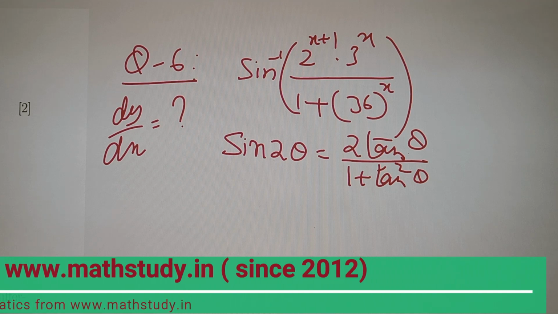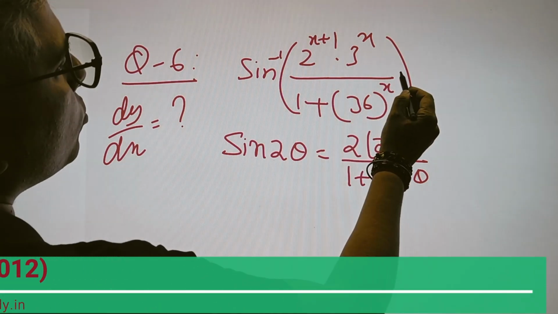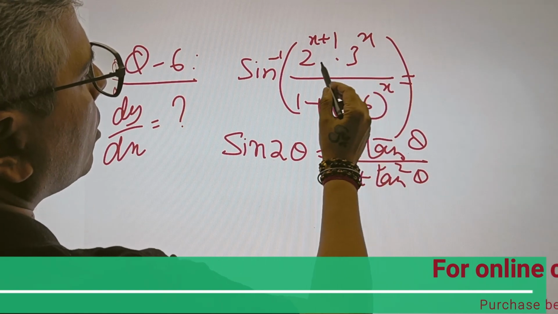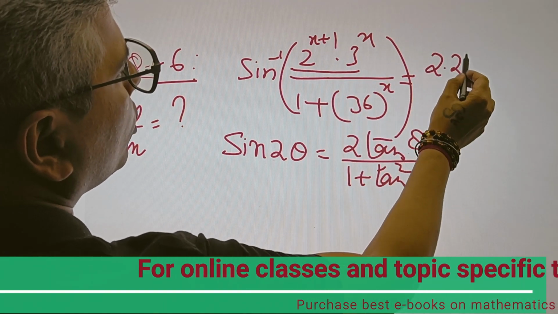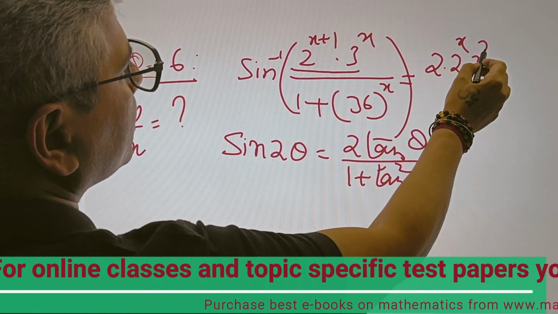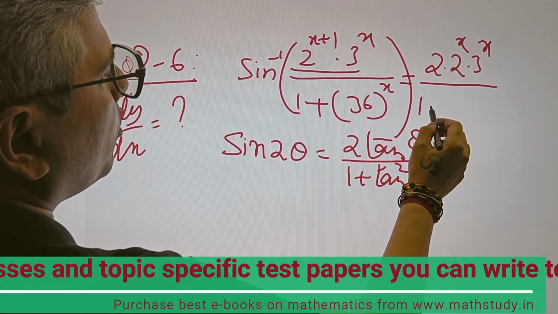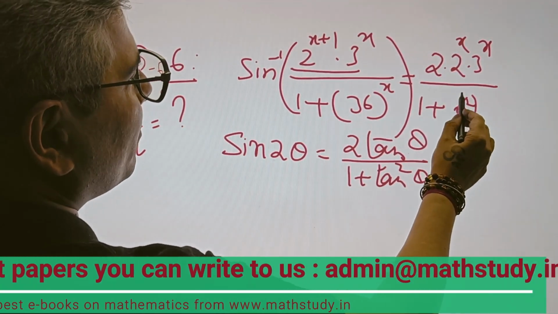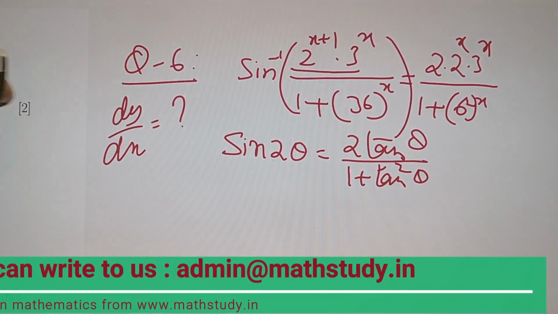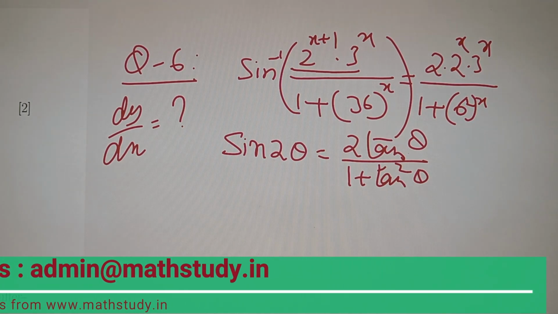So we need to do some sort of substitution here. We can simply write this part as 2 into 2 raised to the power x into 3 raised to the power x upon 1 plus 6 raised to the power 2x, which is 36 raised to the power x.